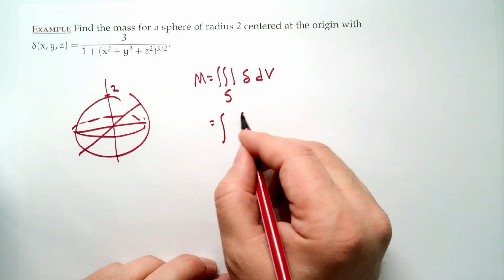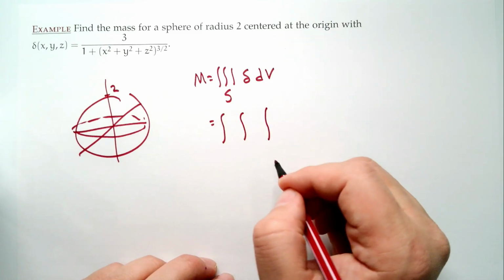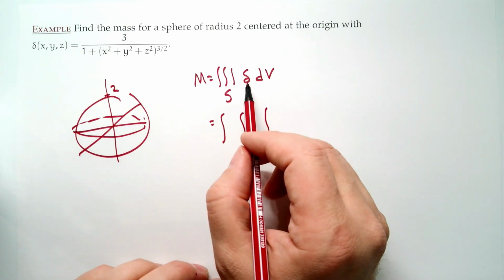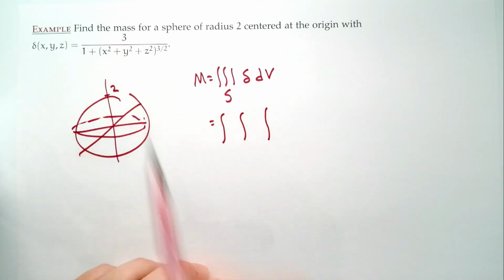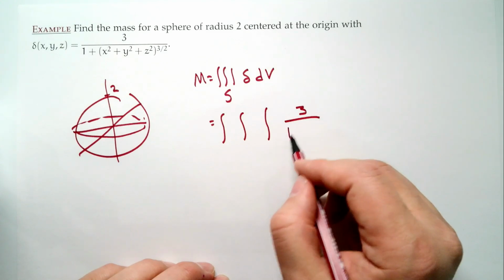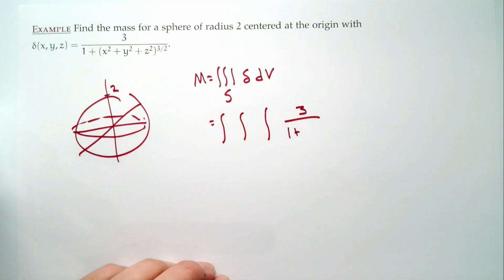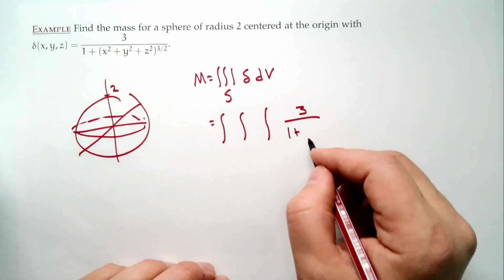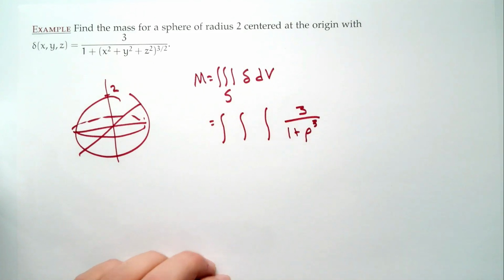So integral, figure out the bounds in a second. We've got to update our density. So what will our density function become in terms of rho, phi, and theta? 3 over 1 plus, so that part's the easy part, 1 plus rho cubed.